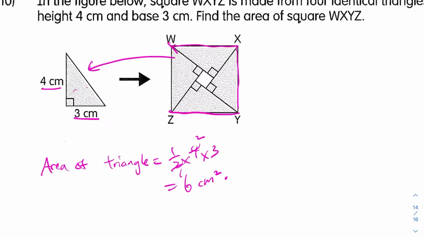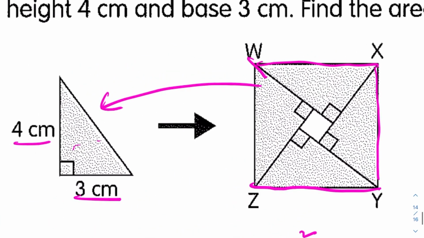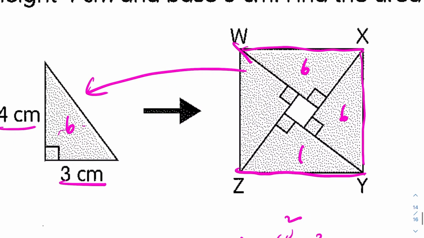I'm just going to zoom in for a little while. So that means that if this is 6, this will be 6, 6, 6, and 6. And we still have this little square here. And if you see that this whole length is 4, and this base here is 3, this is actually 1.